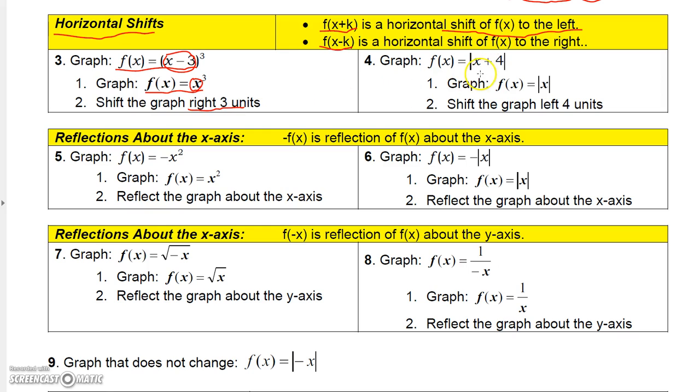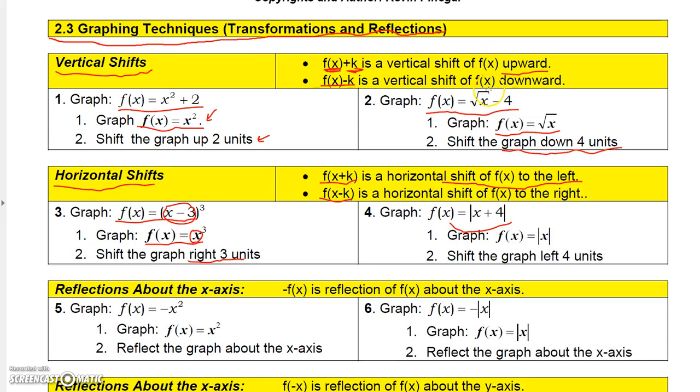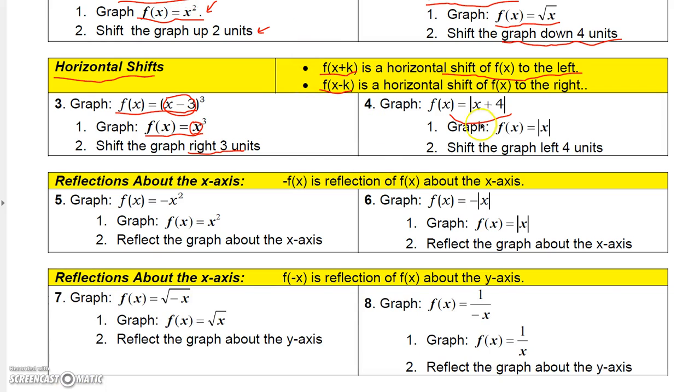And here's another one, the absolute value of x plus 4. Okay, now notice this is a little bit different than these were up here. Like here, the minus 4 was outside the square root, the plus 2 was outside the square. Here, the plus 4 is inside the operation.